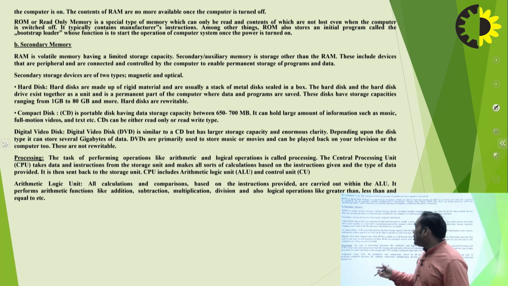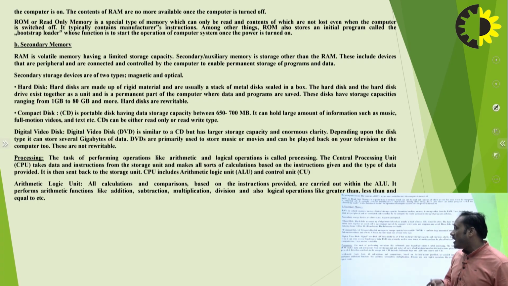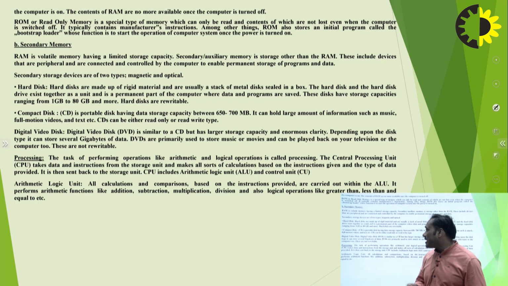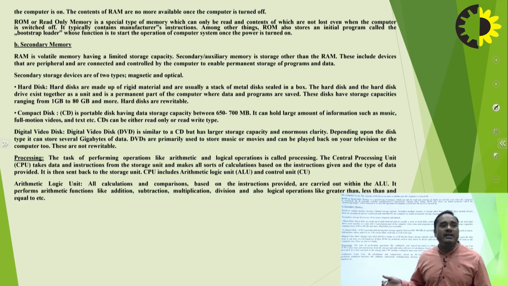Secondary memory is another type of memory, like you can use in the form of the hard disk, in the form of the compact disk CD, in the form of the DVD, and many things are there.